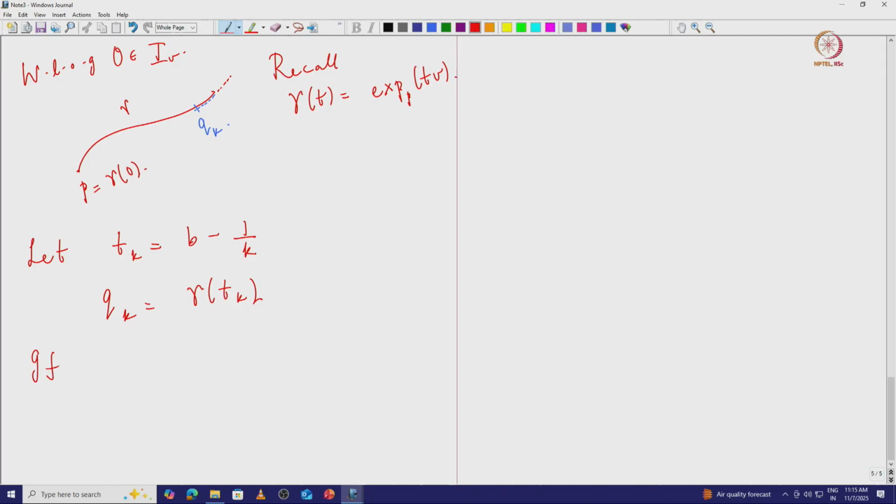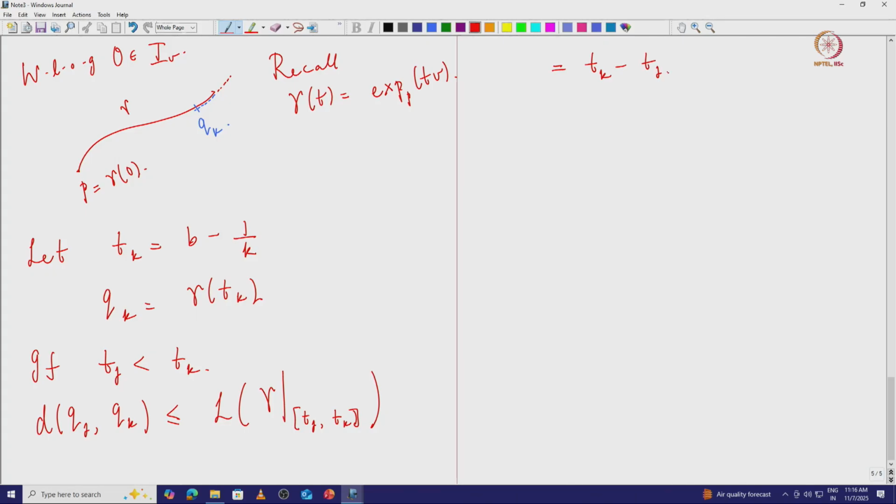Right. So now let us say if Tj is less than Tk, I want to claim that these Qk's actually form a Cauchy sequence. Okay. So why is that? Let us estimate the distance between Qj and Qk. Well, that is obviously going to be less than the length of the part of gamma between Tj and Tk, but gamma is unit speed, so this is obviously Tk minus Tj.